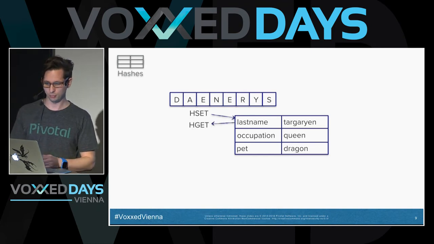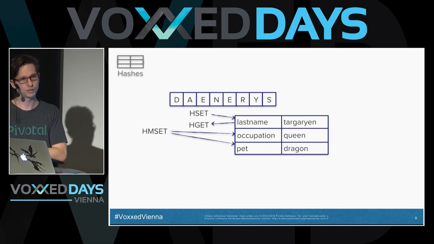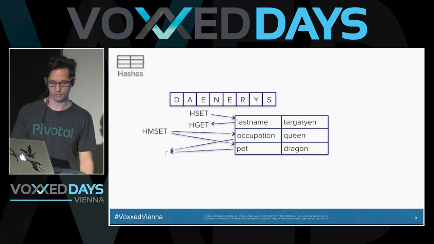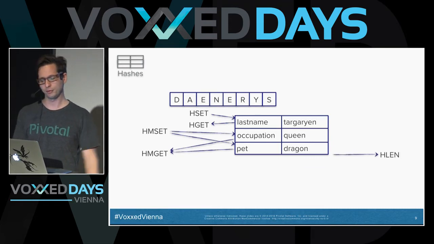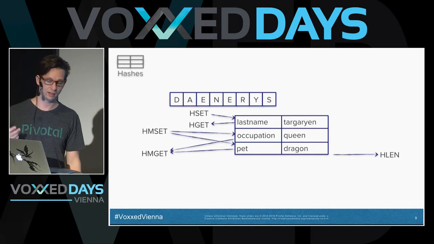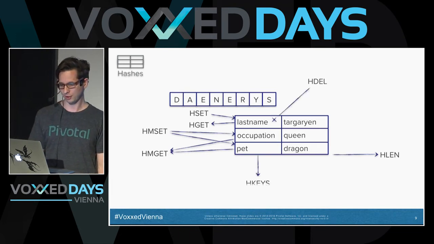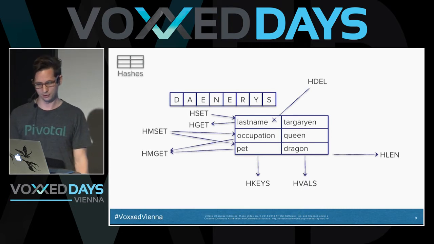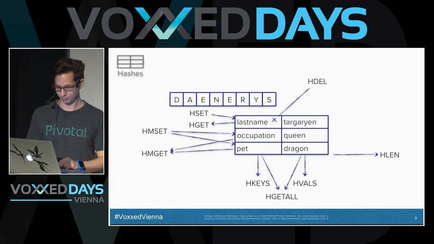We can use the hget command to get the value back. We can use hmset to set multiple values at the same time and get them back. We can ask for the number of elements we got within the hash using the hlen command. We can remove something calling hdel, and we can get the keys, the values, and of course both of them calling hgetall.